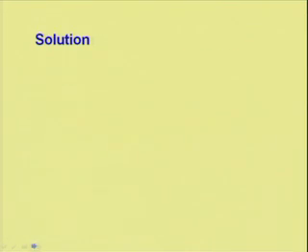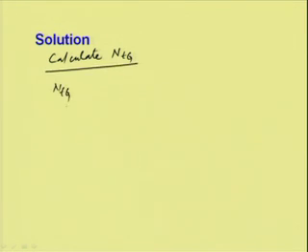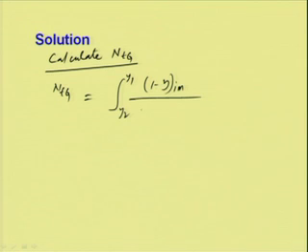Now, we will calculate NTG. NTG, we know that it is equal to integral y2 to y1 of (1 minus y)Im divided by (1 minus y)(y minus yi) dy.